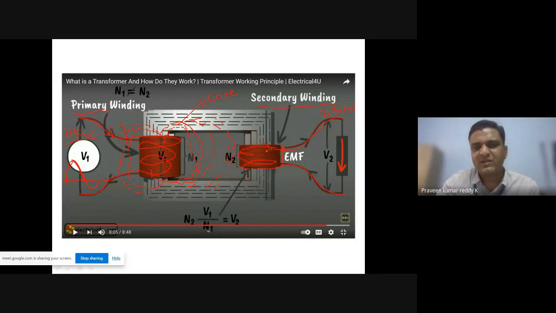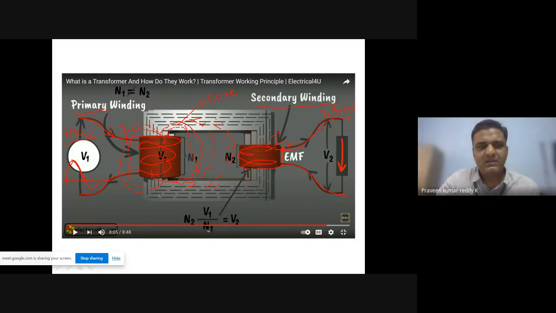So the secondary winding will be getting some current because of this electromagnetic induction. When a secondary winding is brought into the effect of the primary magnetic flux, a current I2 will be induced, or electromotive force will be induced in that winding. The current starts flowing in that secondary winding, and when we take the potential difference between these two terminals, we will get some voltage there.